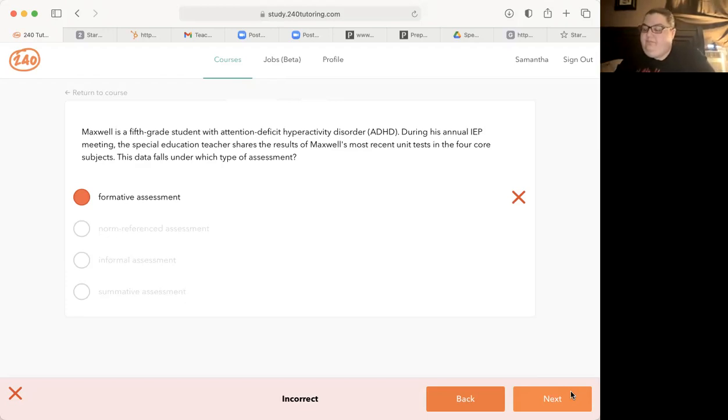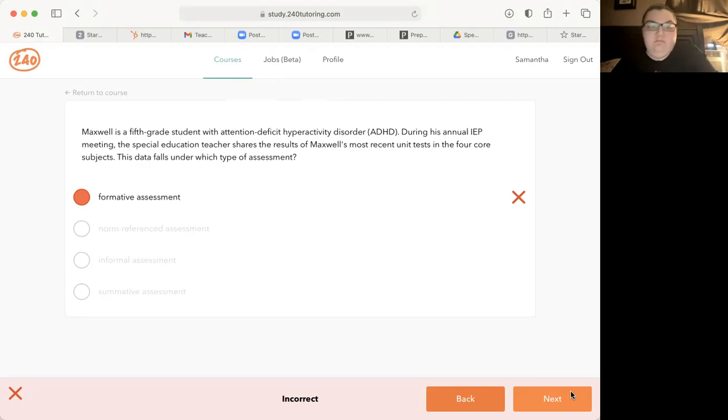So a formative assessment is something that we do all the time in our classroom. We use it to form or to drive, to sort of dictate our design for instruction. Let me highlight this for you.